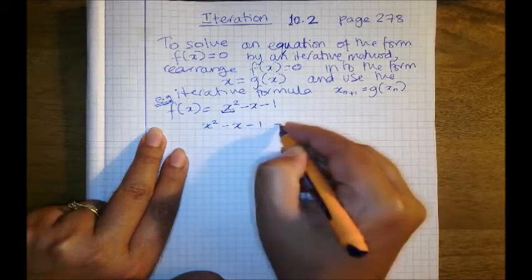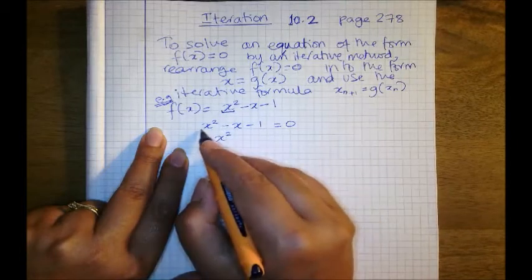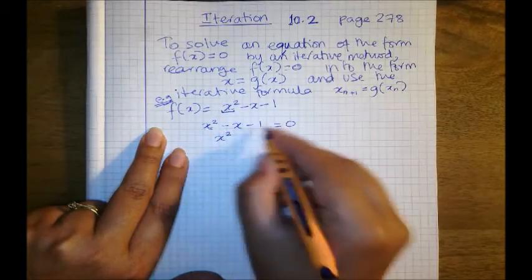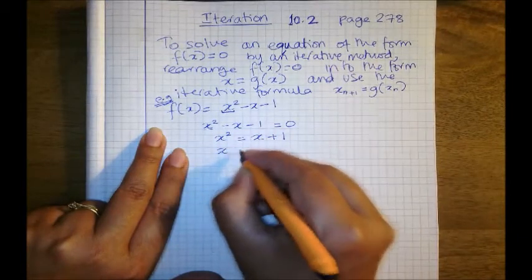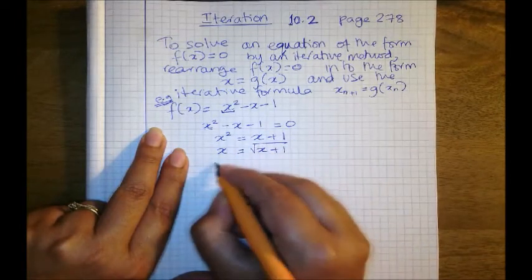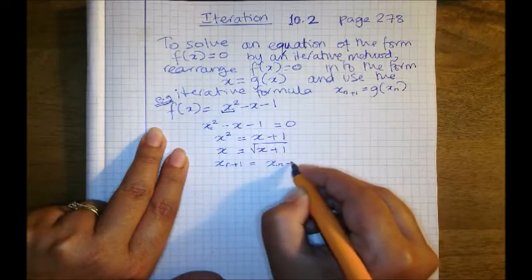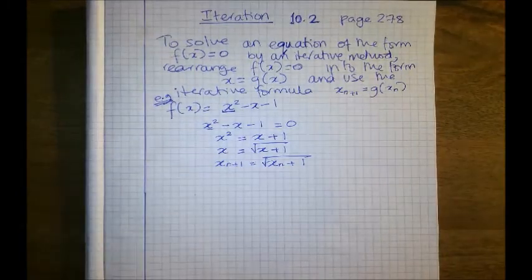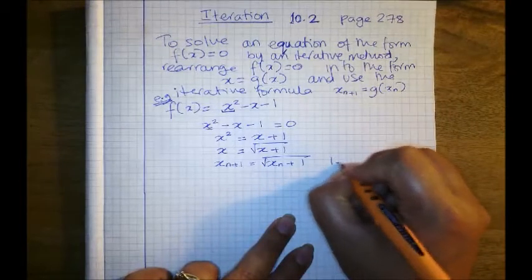Okay, now let's look at just an example. This is a very small example. I'm going to show you 3 different scenarios that can happen, and then we can move on to examples. So for example, if we had a function f of x equals x squared minus x minus 1, there could be many different ways I can rearrange this to get x on one side and everything else on the other side. I could make this x subject of the formula.